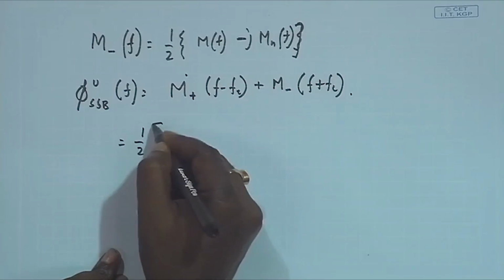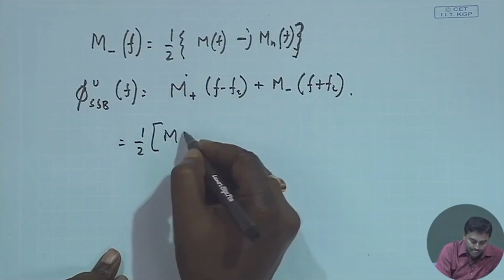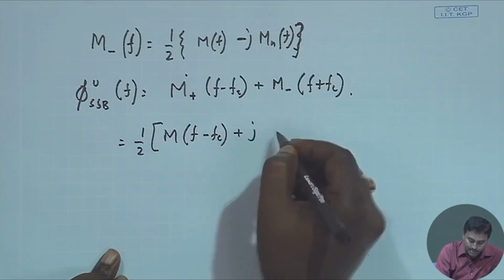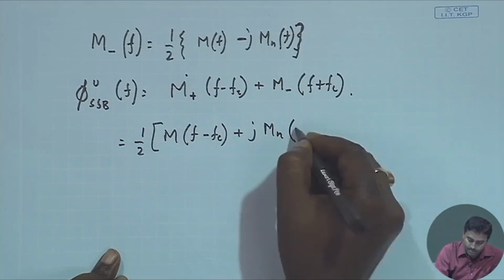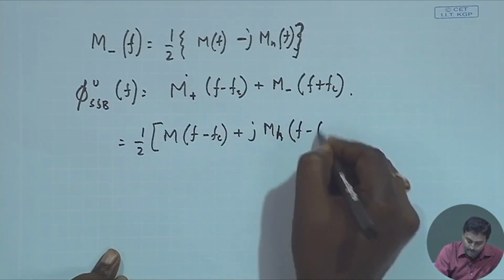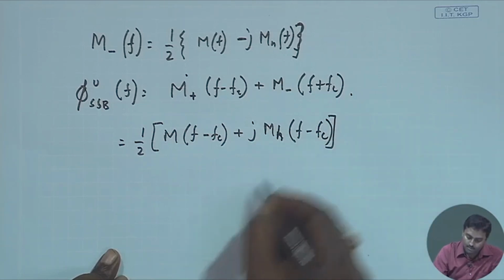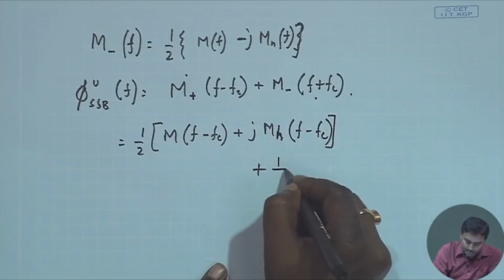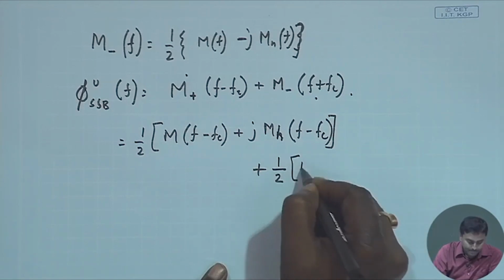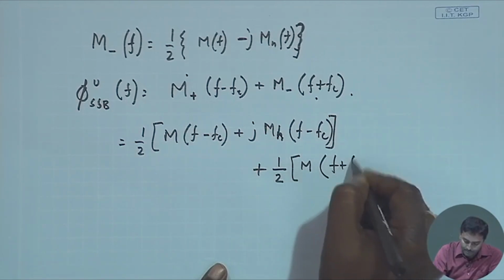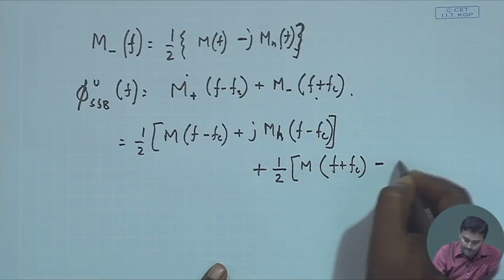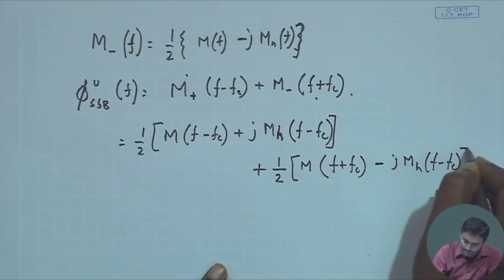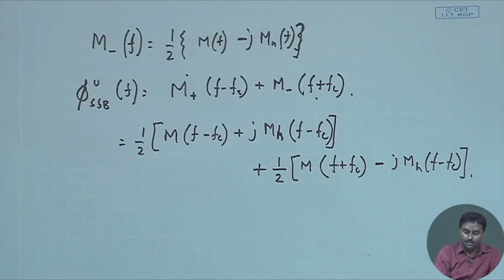So, I can write half M plus as MF minus FC plus J MHF minus FC, right, plus this part again I will replace, half MF plus FC minus J MHF minus FC, right. That is the representation.